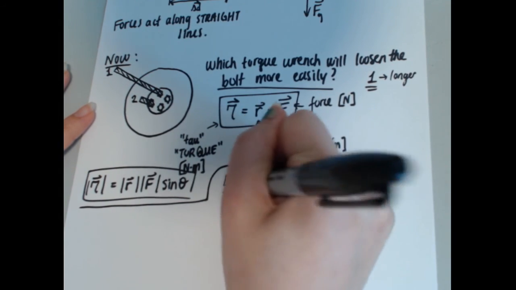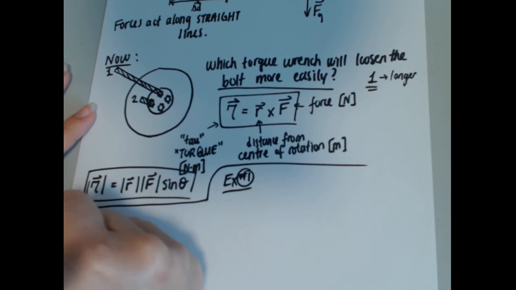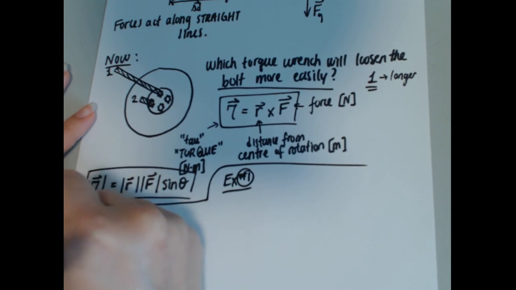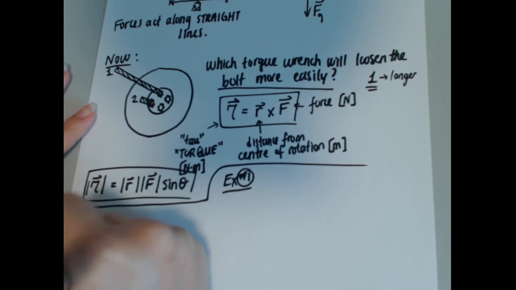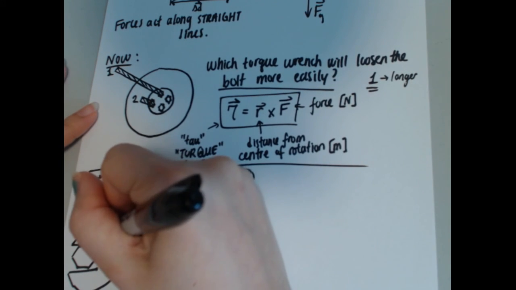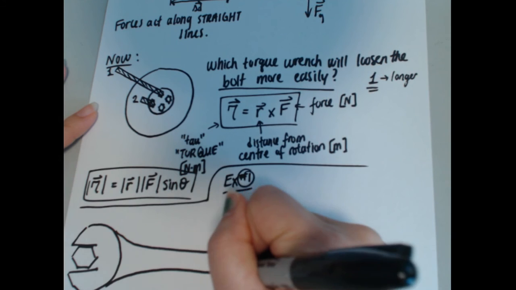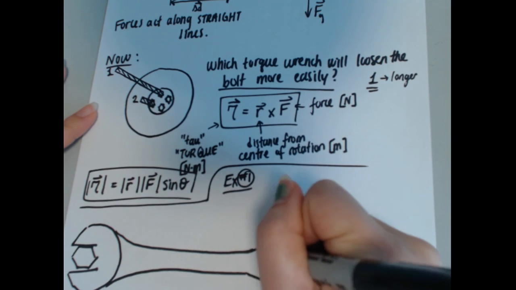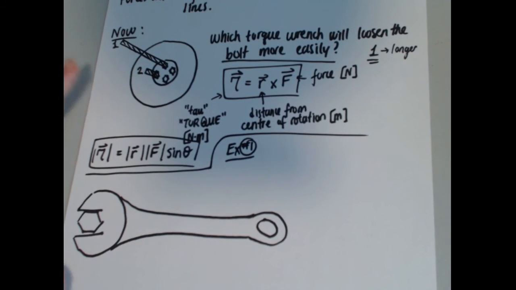Example number 1. You have a bolt, and you have just a regular wrench. Just give me a moment while I draw this. Okay, there's your wrench, and there is your hexagonal bolt.